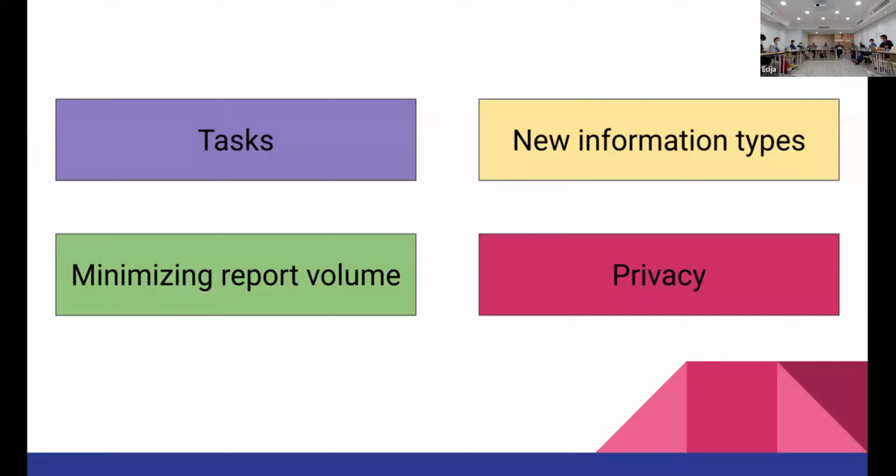For large sites turning network error logging on, we're flooded with a large number of reports, most of which you may not care about. And then, of course, there are privacy issues. This is a spec that is hard to get right with respect to privacy. There are still 5 or 6 outstanding issues there that definitely could use your input.